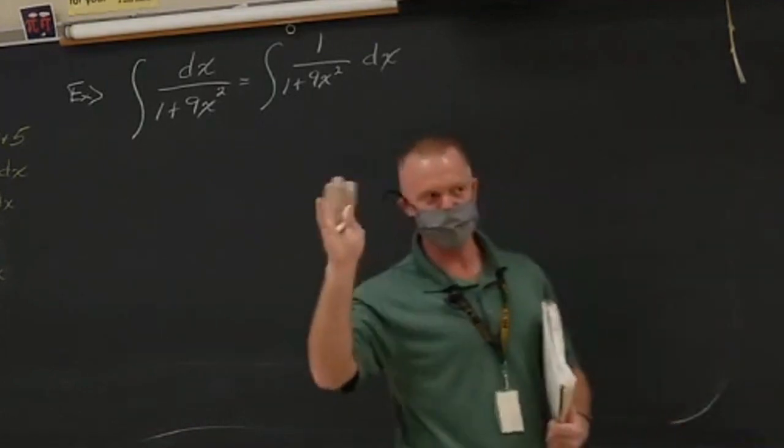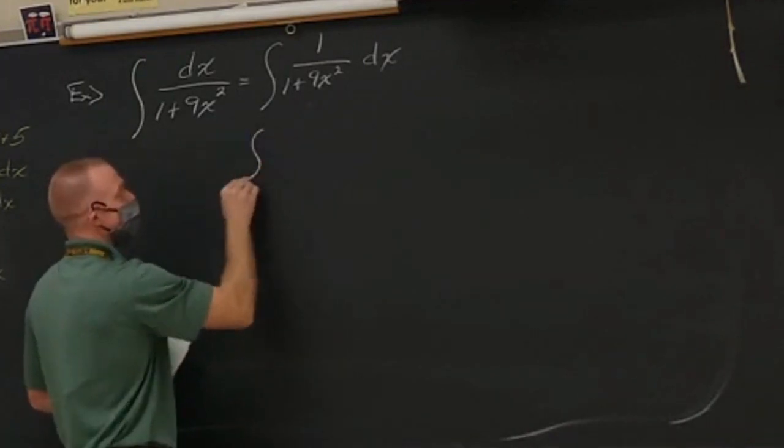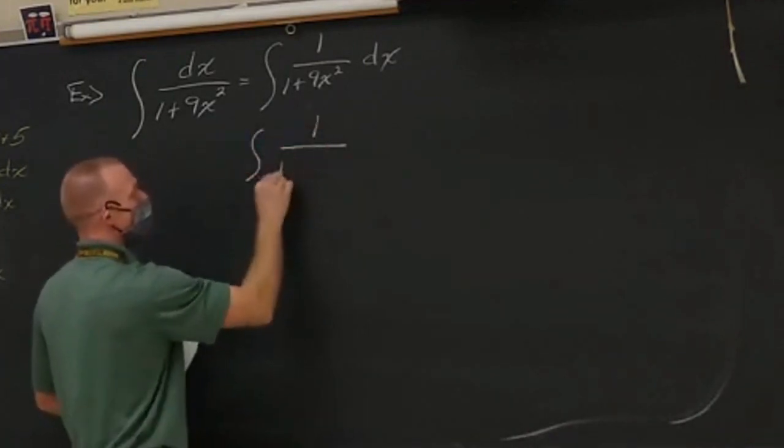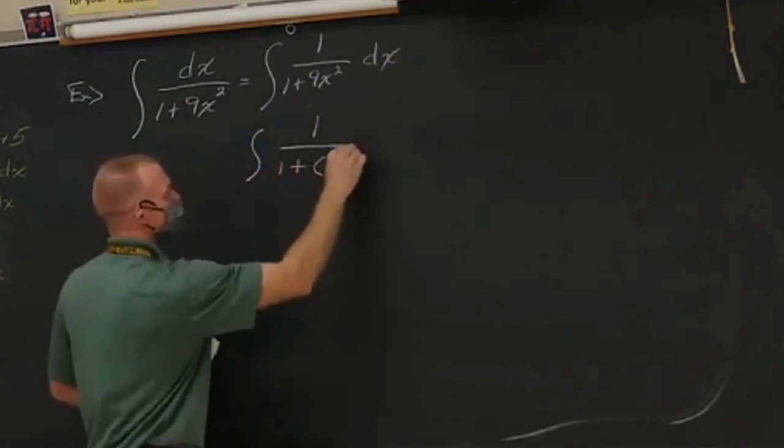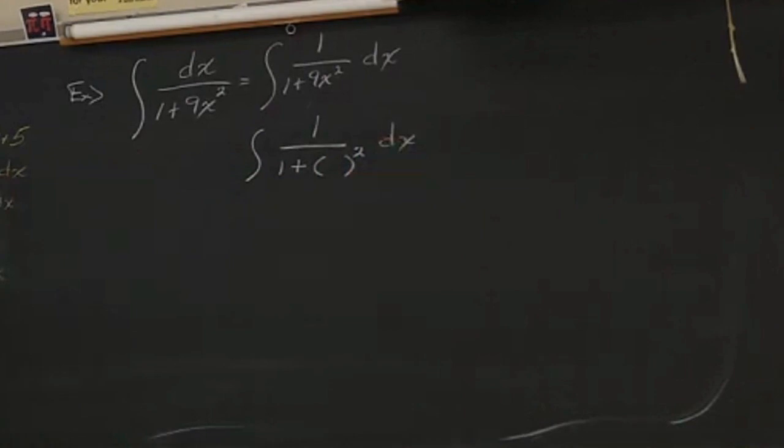Now, if you don't see it, we want this fraction to turn into 1 over 1 plus something squared. And I hope that you're looking at that and saying, oh, well, there's a something.